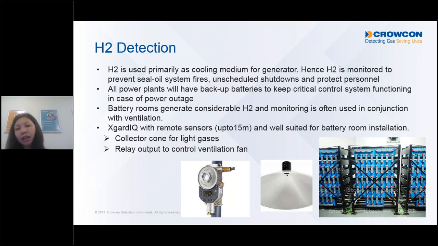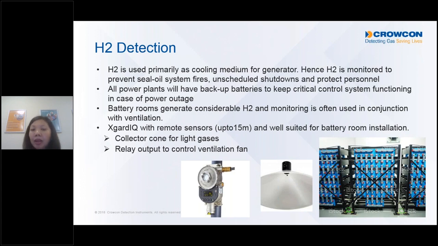It is also released in a battery room. Battery backup is essential. Every single power plant will have a battery backup to keep the critical control system running. So if the plant shuts down and there's no power generation, they will fall back to the battery backup.